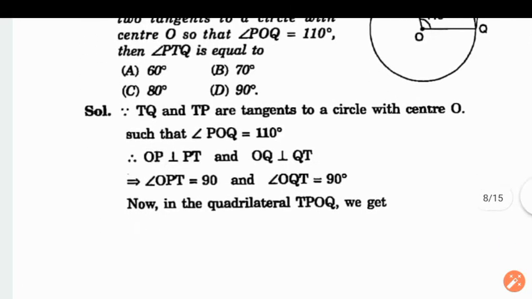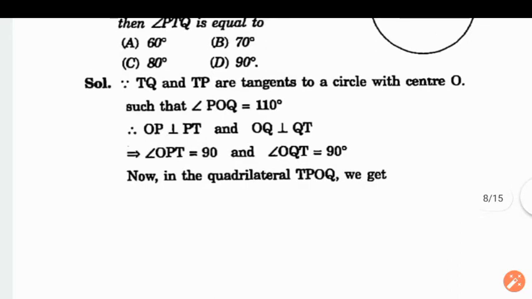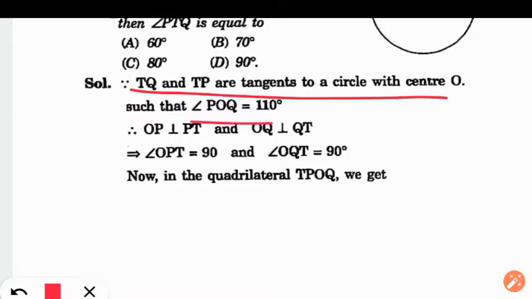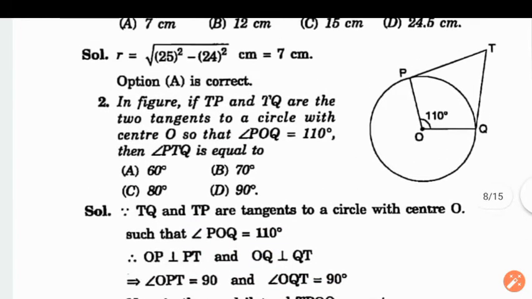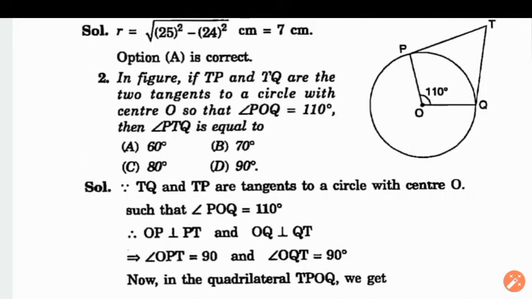You can see the solution. Since TQ and TP are the tangents to a circle with center O, and this angle is given, therefore OP is perpendicular to PT and OQ is perpendicular to QT. Why are they perpendicular? Because, as I have already told you, it is theorem number 1.